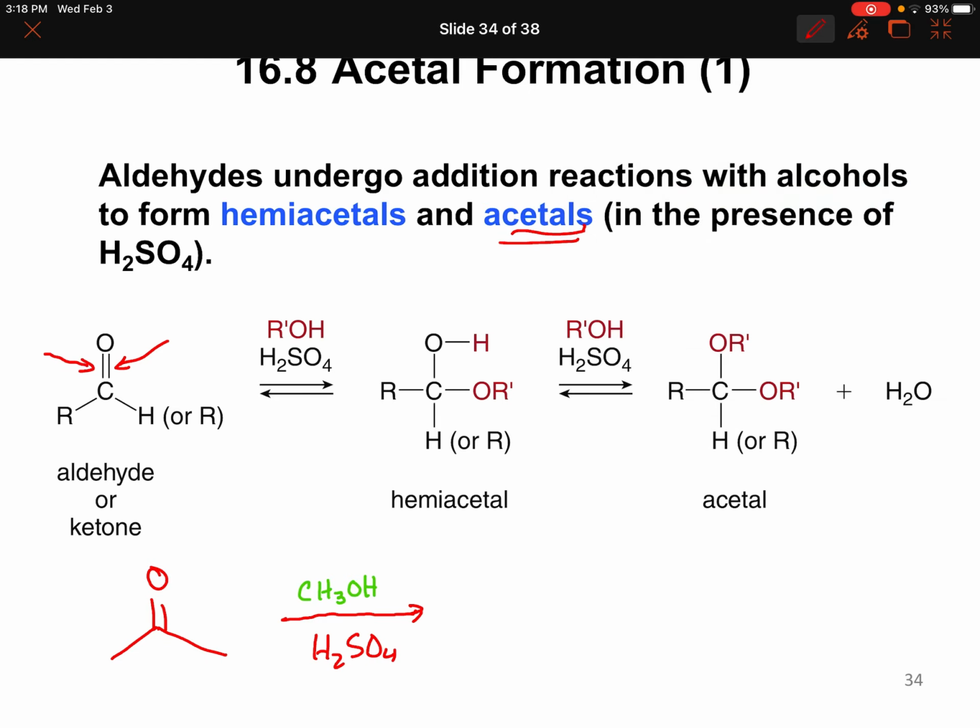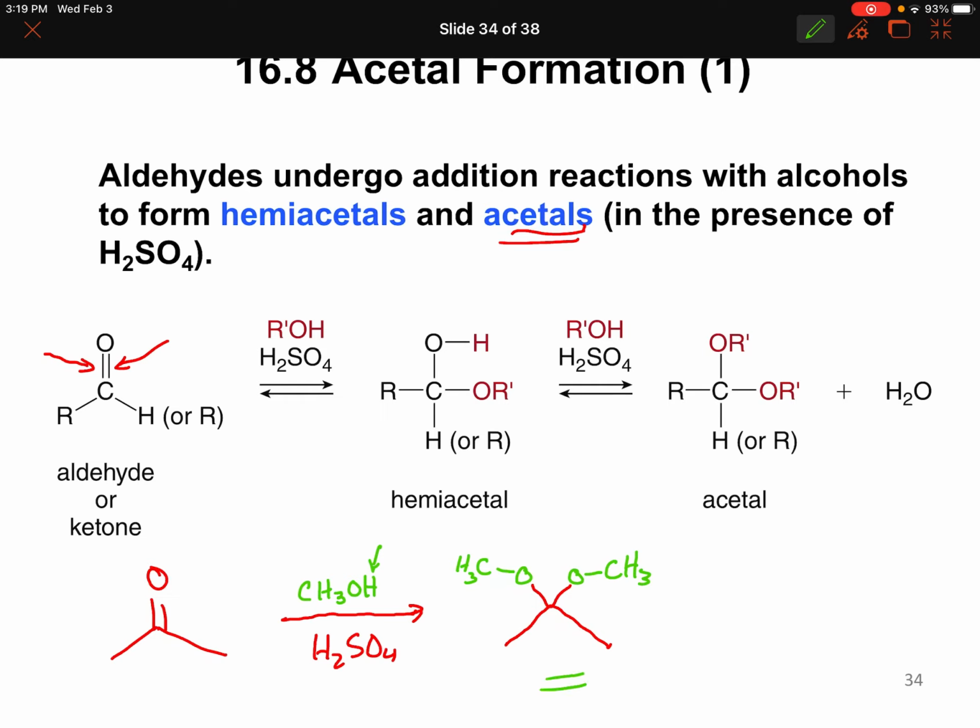In the end, what's going to happen is we will end up with those same three carbons from acetone, but now we will end up with a pair of bonds to two of those CH3OHs. Now note that we had to get rid of that hydrogen that's attached to the methanol in order to attach it to the carbon of our acetone.